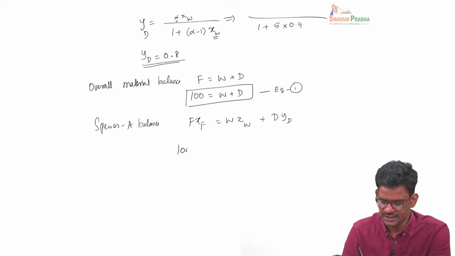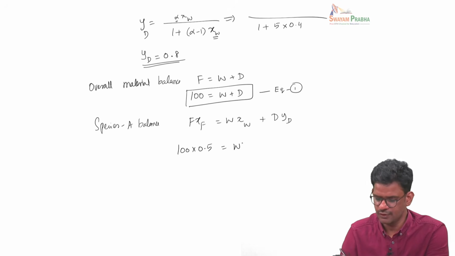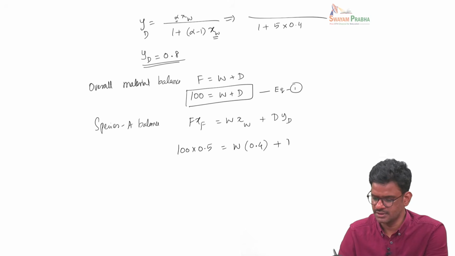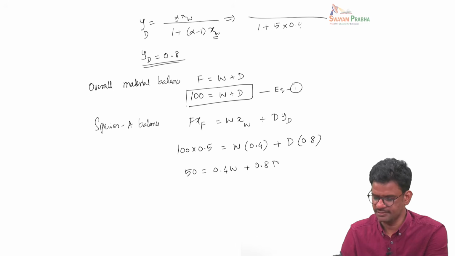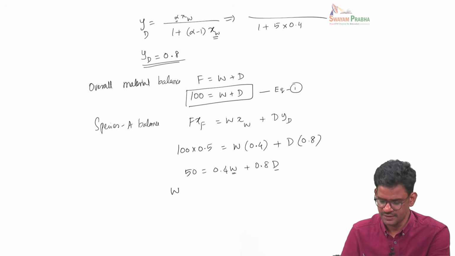So F is 100, XF is 0.5, W we do not know, but XW is given as 0.4, D we do not know, but YD we found as 0.8. So we have 50 is equal to 0.4 W plus 0.8 D. Since we want to find D, we can replace W from equation 1, because we can write W is equal to 100 minus D. This is from equation 1.